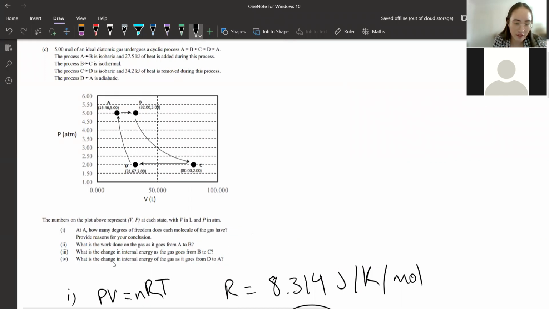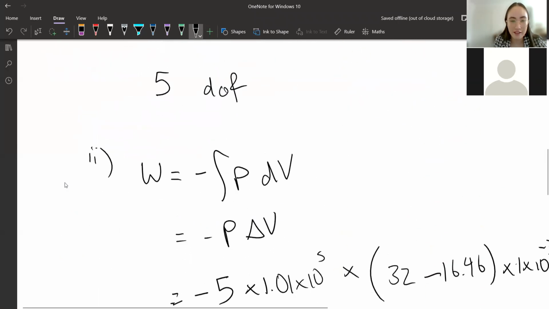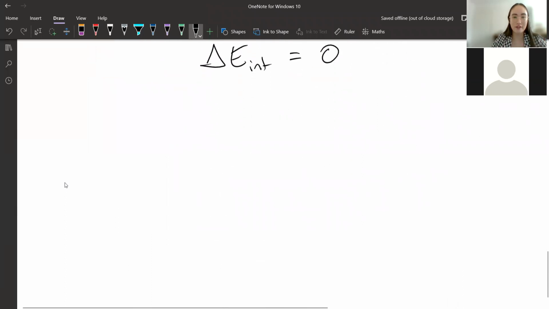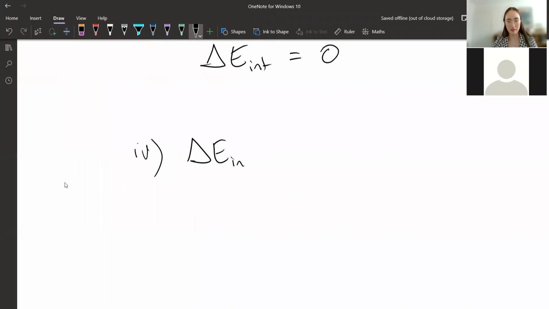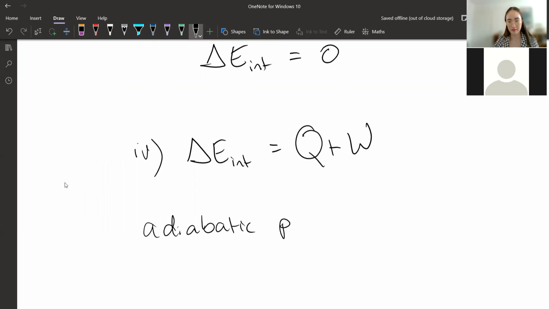And last question for this part is what is the change in internal energy as the gas goes from D to A? So D to A is our adiabatic process. Now we can use that internal energy equation. Internal energy is equal to Q plus W. We've got an adiabatic process, which means that Q is equal to 0.